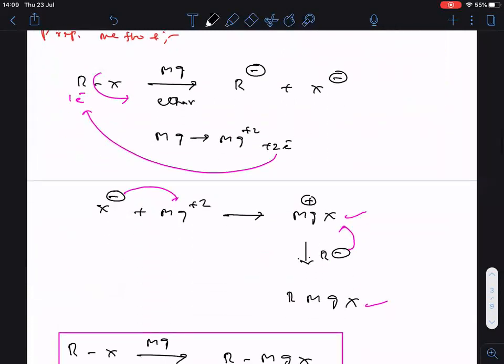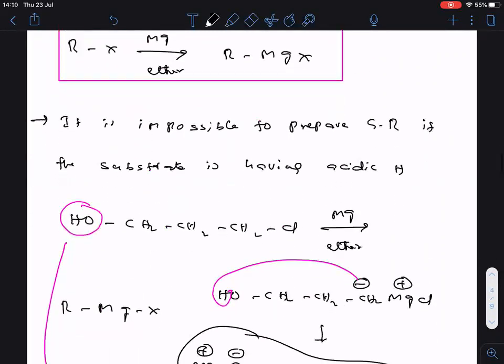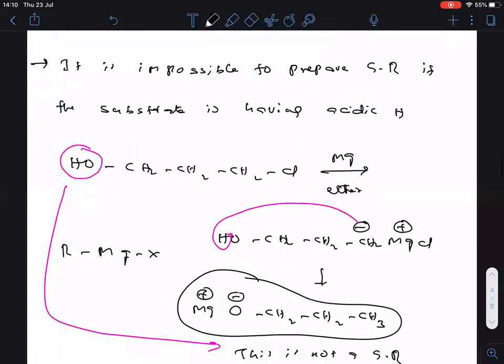Okay, preparation method. Then about the monogrignard and digrignard.